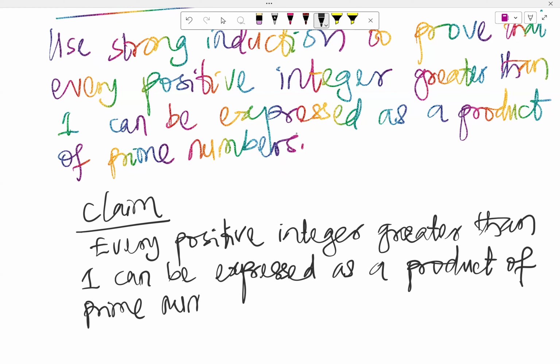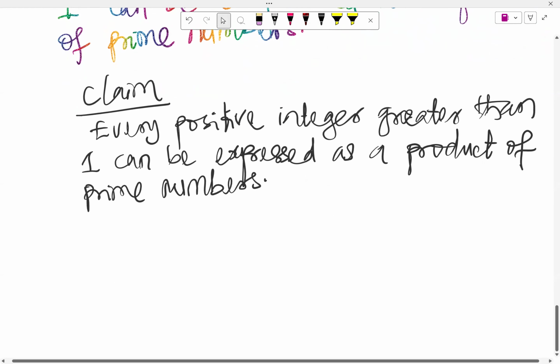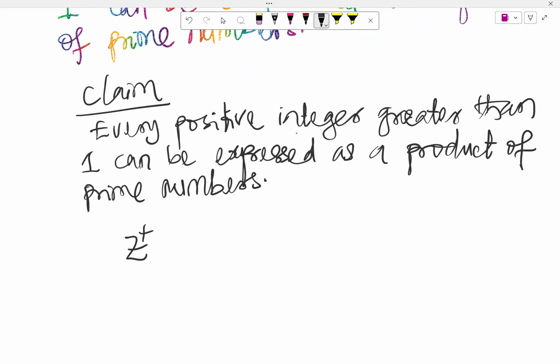That is our base claim. So that's more like to say every positive integer, right? So we are saying that every z plus, we use z plus for positive integers.